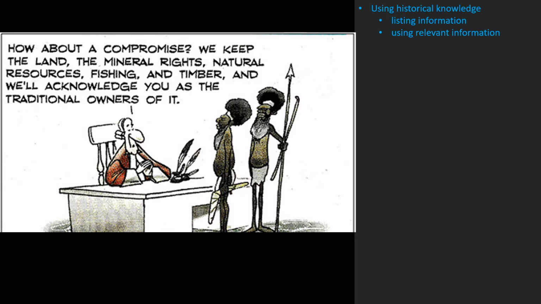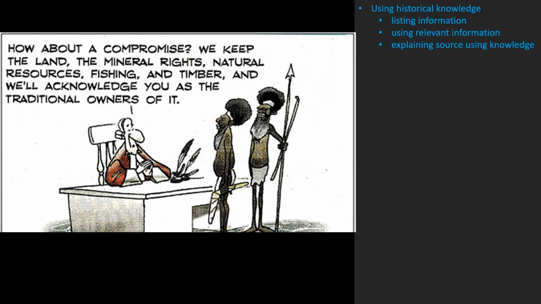Yeah, the difference between listing information and using relevant information is if there's a certain amount of irrelevant information. If you bring in some great historical knowledge, but it's got nothing to do with the cartoon, then you're going to get that bottom level. If everything or most of the stuff that you talk about is relevant, you're going to get the next level up.